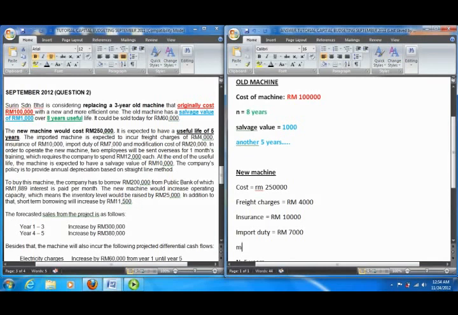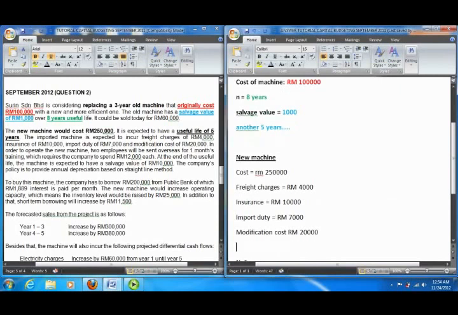Last, class, modification cost, RM 20,000. So class, the total cost of the new machine, the purchase price of the new machine, alright, based on accounting concept, you must include all costs including freight charge, insurance, import duty and modification cost in your purchase price.